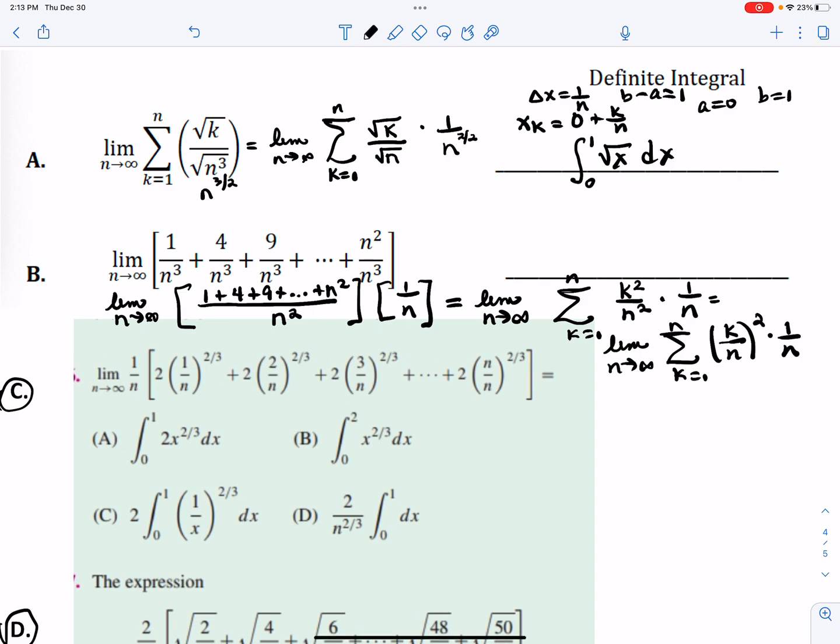And using a similar analysis as above, where delta x is 1 over n, the definite integral would be the definite integral from 0 to 1 of x squared dx.